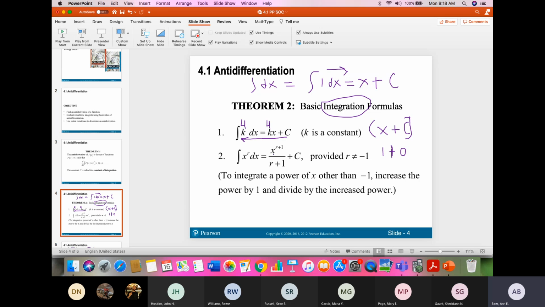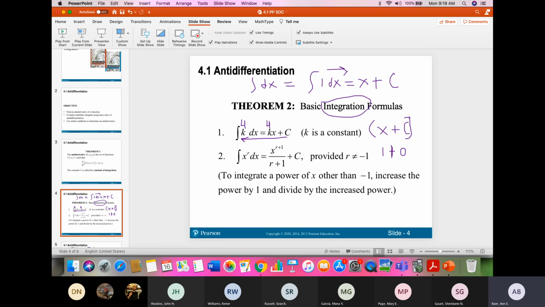However, it's not enough to write x to the r plus 1, because if we check this, we're going to get r plus 1 times x to the r, because we subtract 1, and we'll have an r plus 1 down front, but we don't have it down front here. So that's why we have to compensate by dividing by r plus 1.